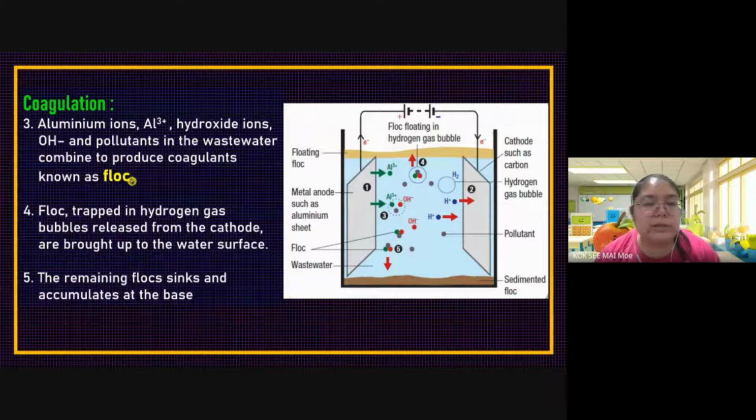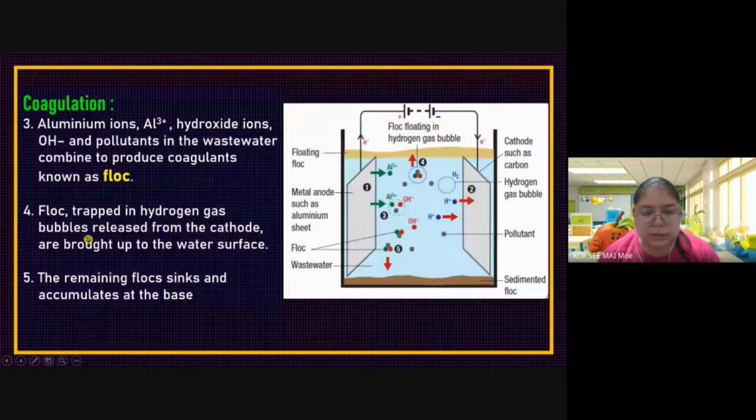We call this one a floc. Now the floc traps the hydrogen gas bubbles released from the cathode and is brought out to the water surface. So just now the aluminium and also hydroxide stick all the wastewater, combine, and become floc. Then this floc finally traps inside the hydrogen gas.